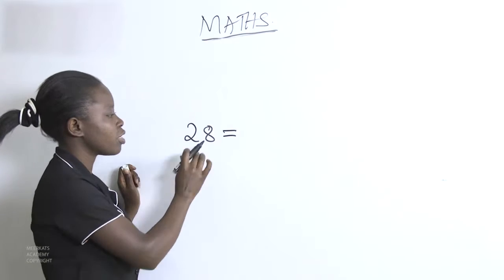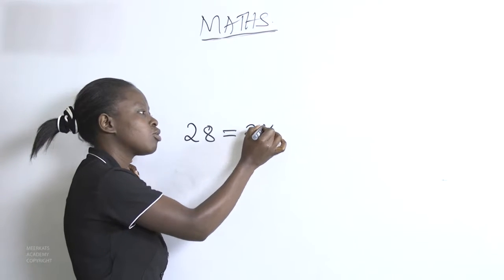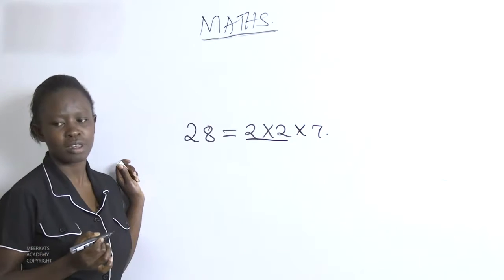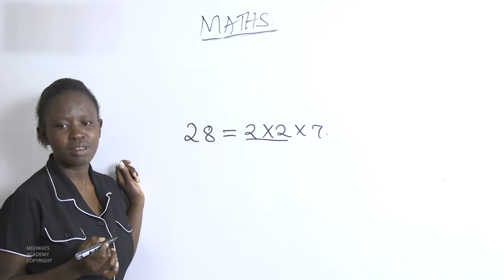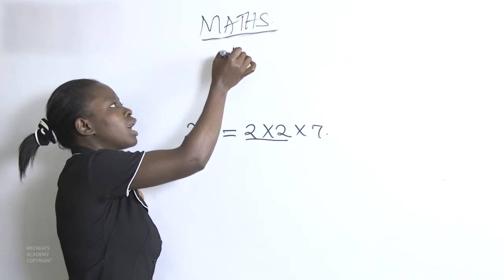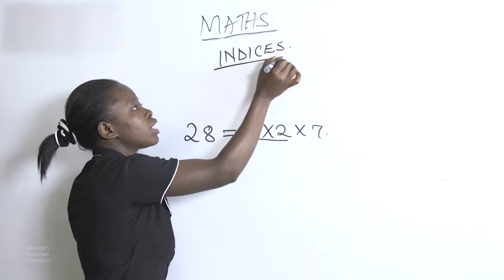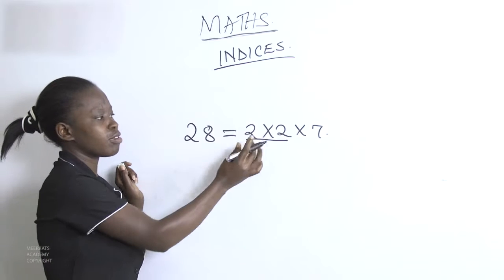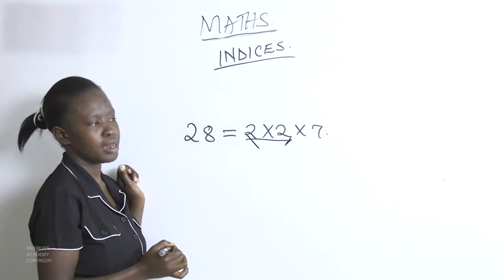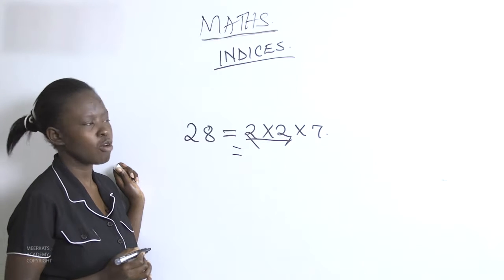For instance, we've just seen that 28 is 2 times 2 times 7, so the 2 is repeating. When we have a repeated prime number occurring, we refer to this as an index, and this can be written in index form.